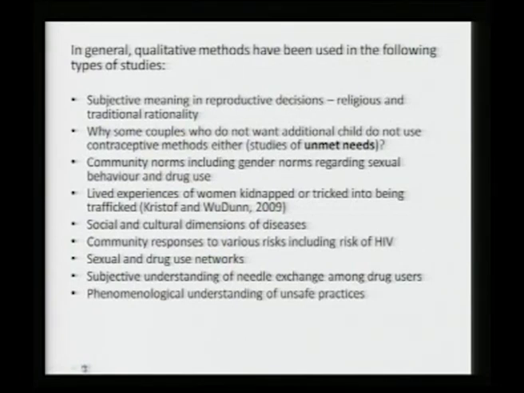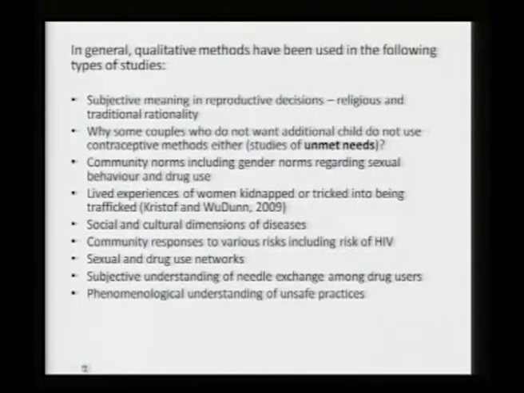religious and traditional rationality. What are the various types of rationalities? Rationality based on full calculation, rationality based on part calculation, full information, half information, traditional rationality, religious rationality, ethical rationality. Rationality is not of one type.